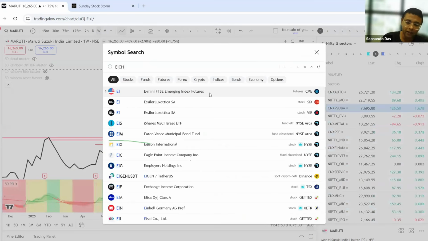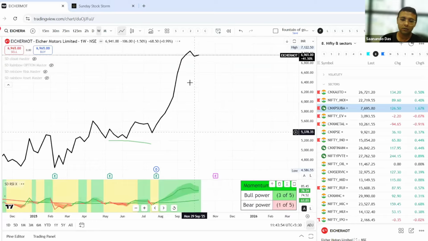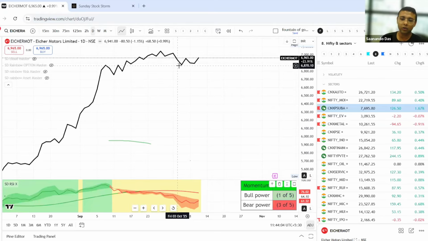Let's look at Eicher Motors once again. I'll place the stop loss around this area. Or in the daily chart, if it breaks down this particular level 6870, I'll significantly prefer to lower it.